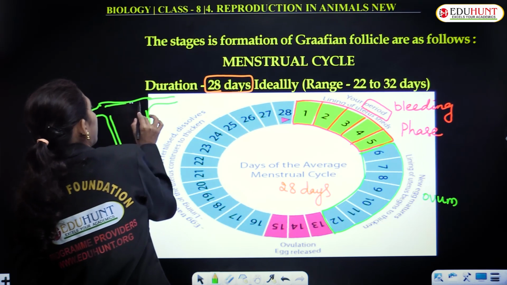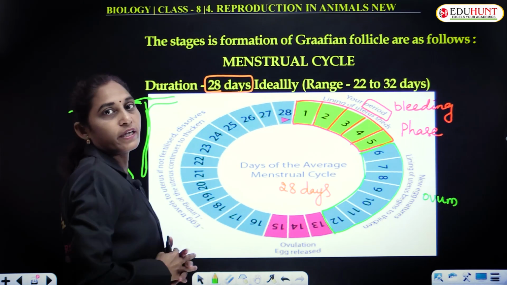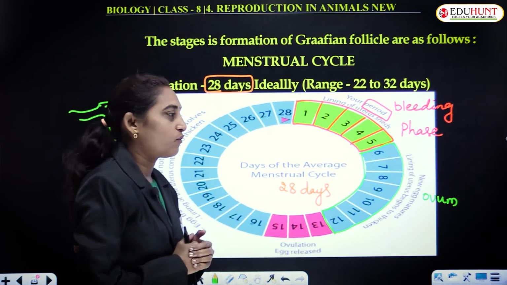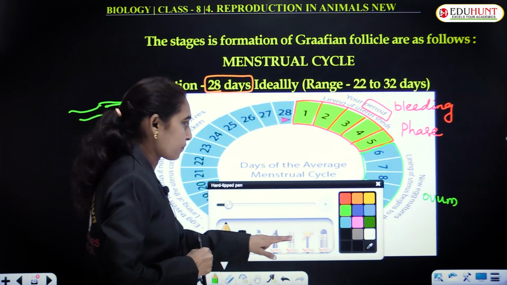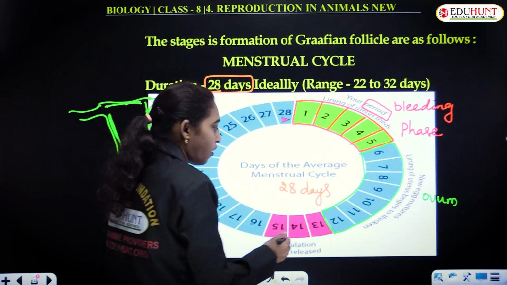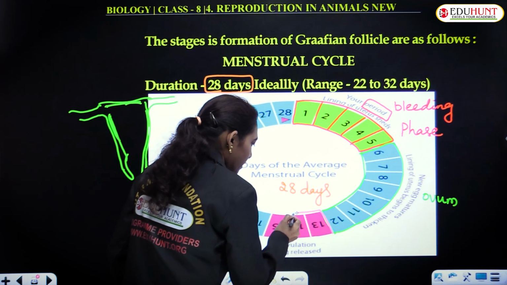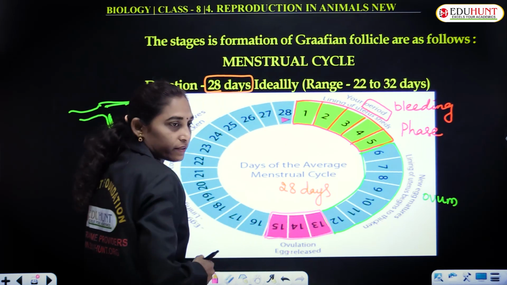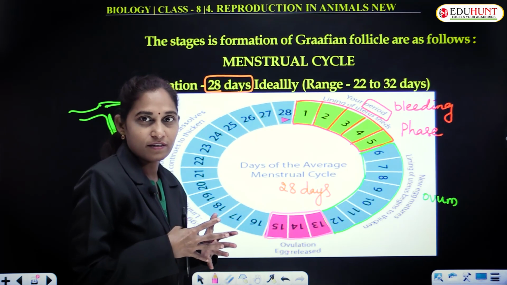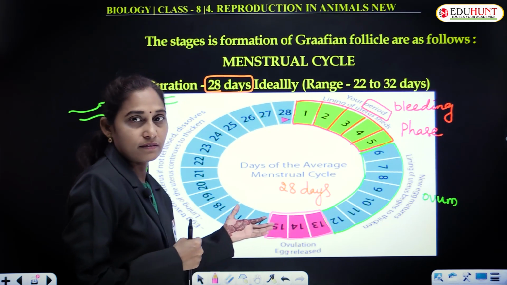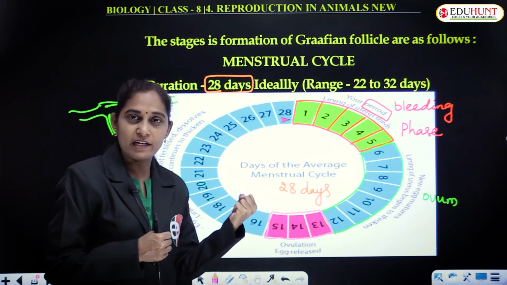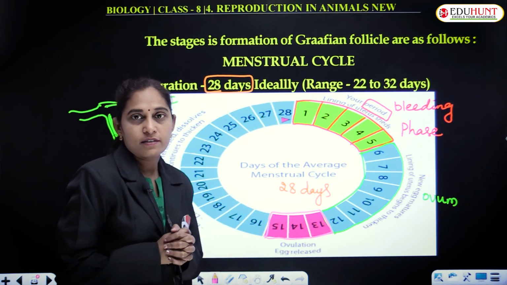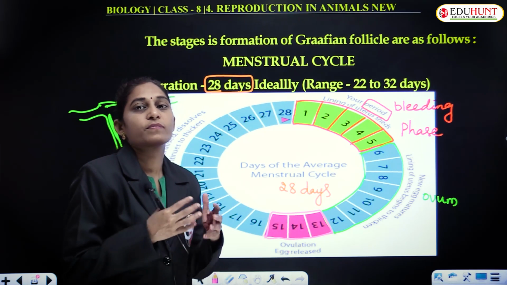so this wall becomes thickened. And from day 13 onwards, the egg releases. This is called ovulation. The egg is released, and for these 3 days the matured egg is ready for fertilization. If fertilization occurs, what happens?